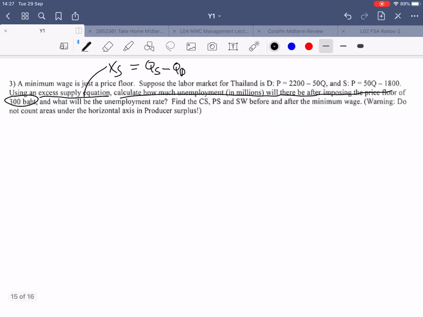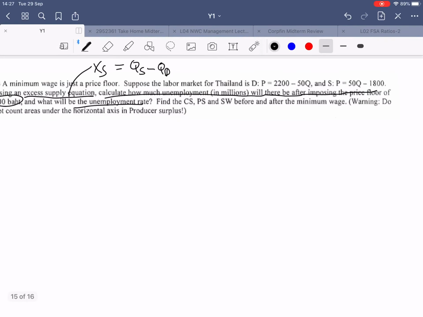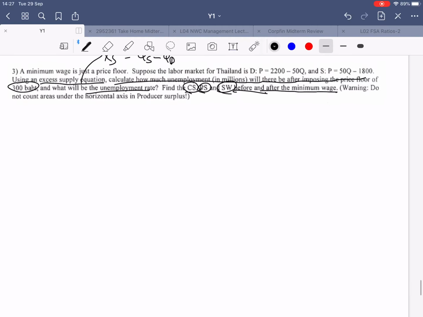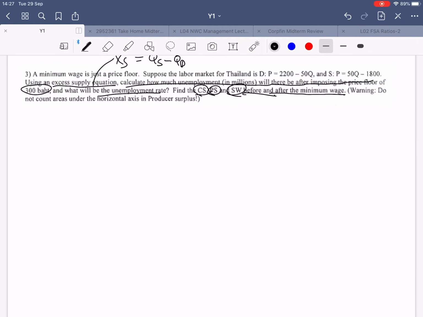What will be the unemployment rate, and find the CS, PS, and SW before and after minimum wage. So first we are going to do before the minimum wage.